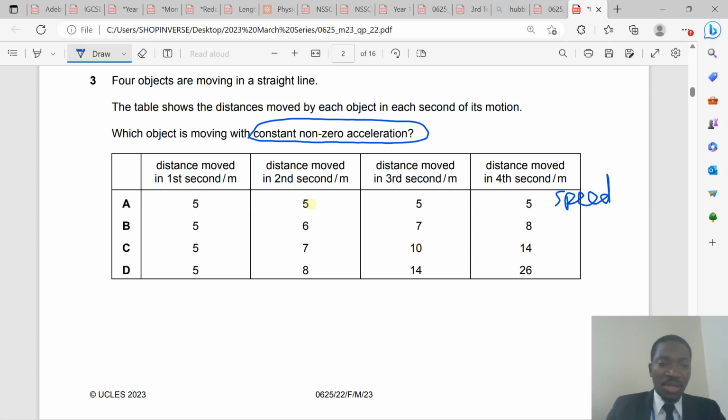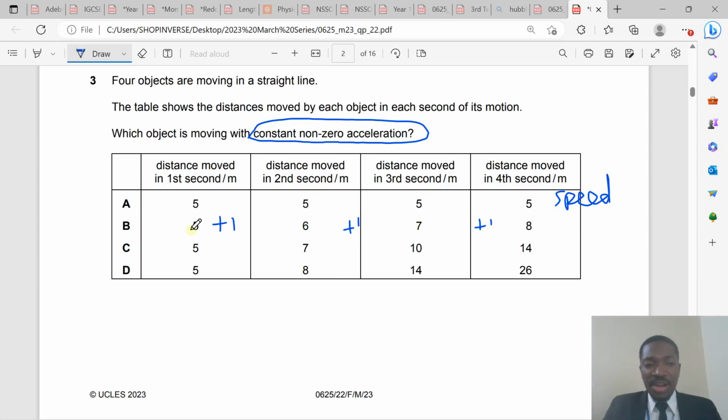Let's look at B. Option B, distance moved in first second 5 meters. Distance moved in second second 6 meters. Distance moved in third second 7 meters. So the distance moved in every 1 second interval keeps on increasing by a uniform amount. The distance moved keeps on increasing by 1 meter.